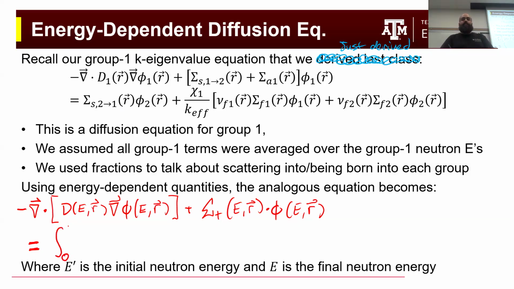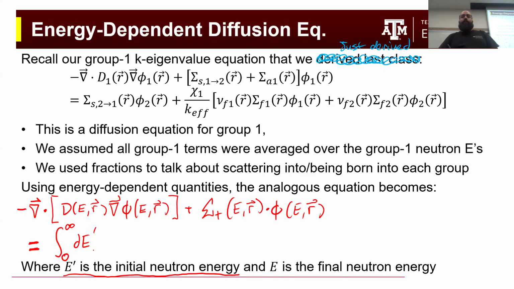I'm going to integrate from 0 to infinity, and I'm going to say dE prime, where this E prime is telling me about the initial neutron energy. And so if this is an energy dependent problem, I need to not just keep track of neutrons going from one group into another. I need to keep track of every single possible energy, because any of those neutron energies could scatter into the energy E that I'm keeping track of.